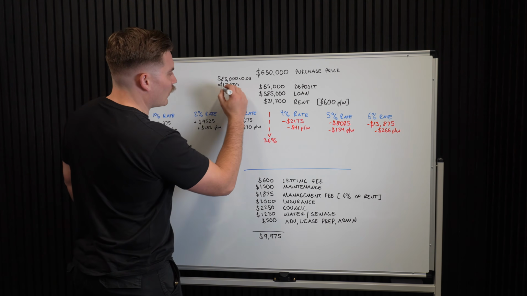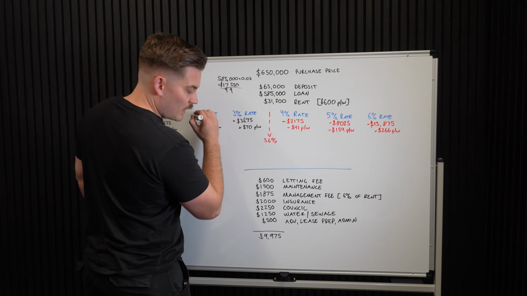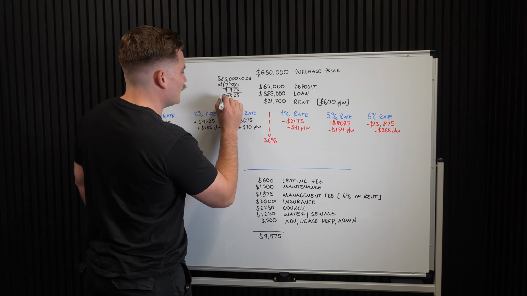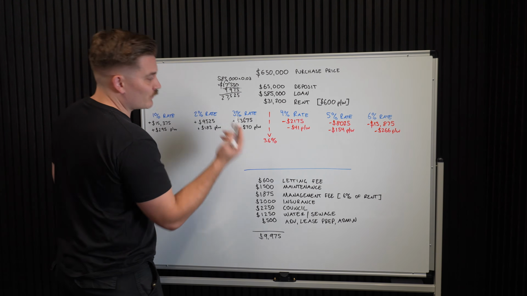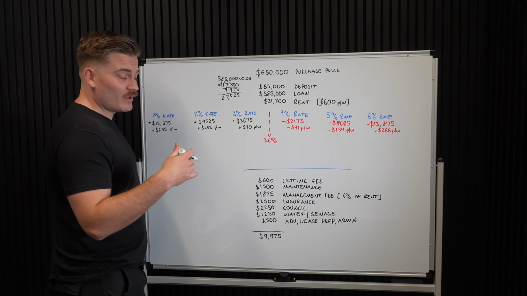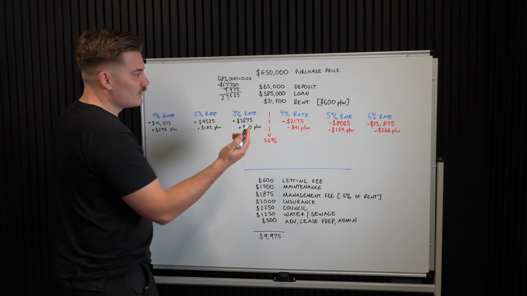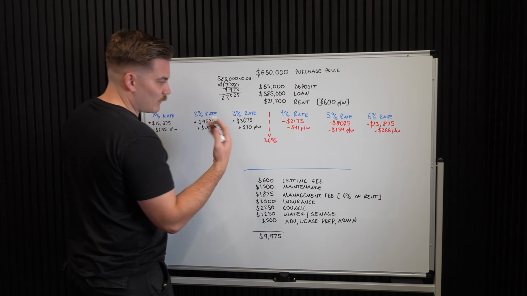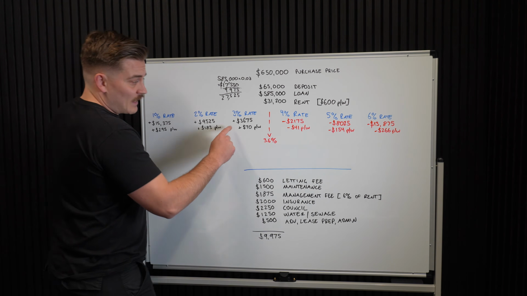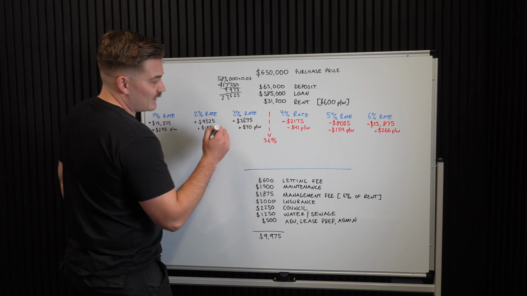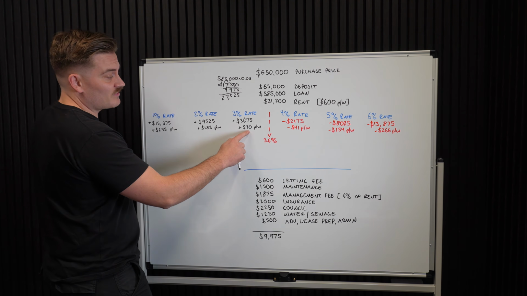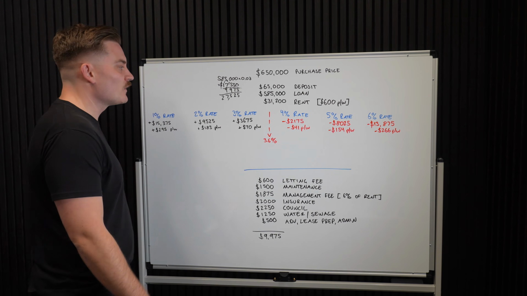My other costs are $9,975, which means my total costs are $27,525. Obviously, I'm collecting more in rent, so it's obviously the difference of that. That's how I get to my $3,675. Just so you guys know, that's how I'm calculating it. Which means even at 3%, I'm $70 per week cash flow positive.